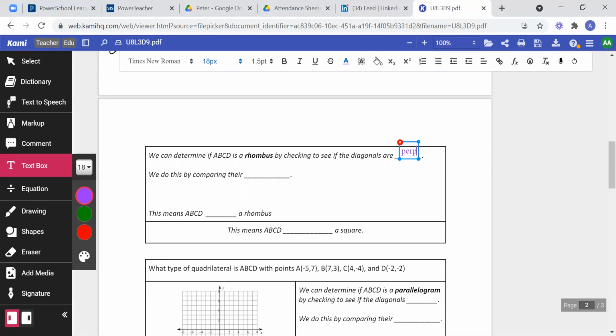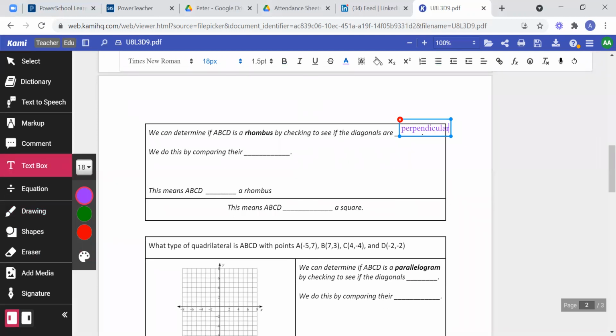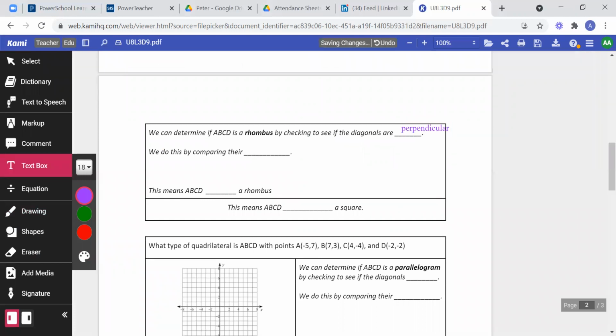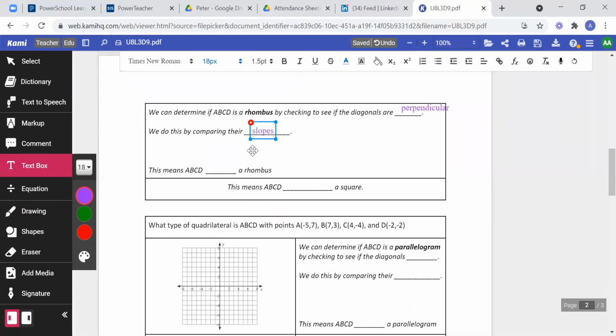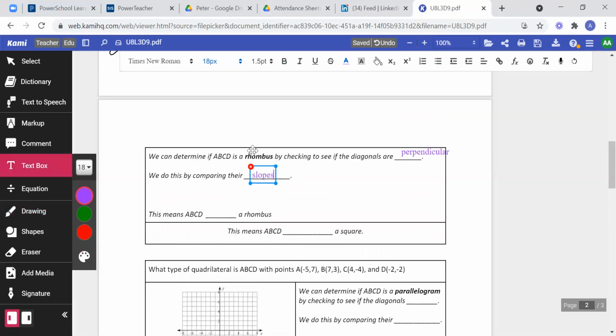So in case of a rhombus, they need to be perpendicular. So the comparison is going to be around the slopes. This is a good recall. In our first semester, for two lines to be parallel, they must have the same slope. For two lines to be perpendicular, the product of the slopes has to be negative 1, or one has to be the negative reciprocal of the other.